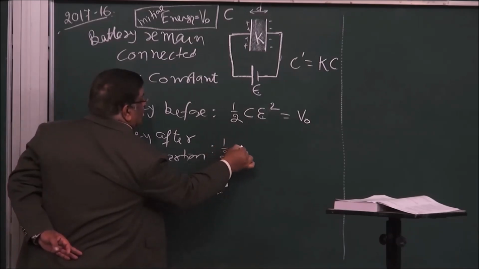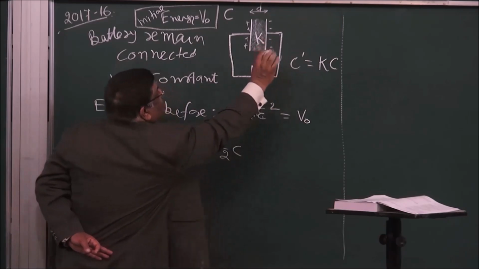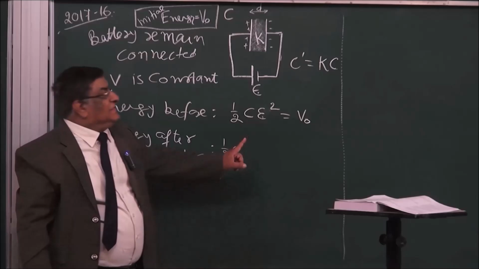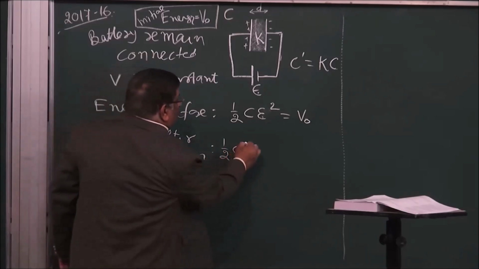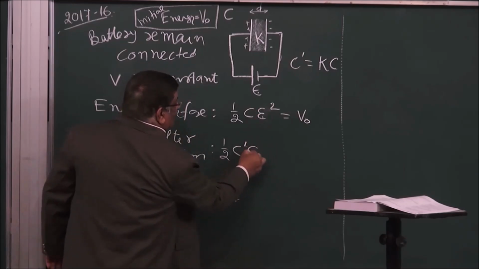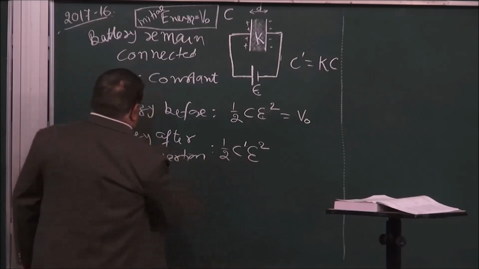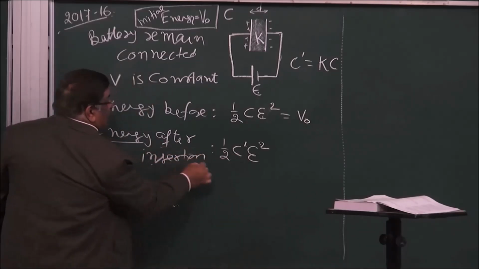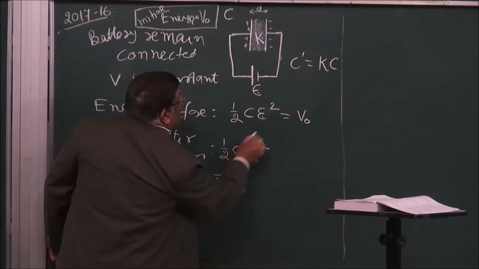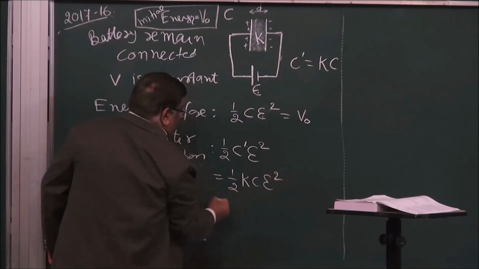half C. Now this C has changed. How much is that C now? So this is half C dash. The voltage has not changed, E square. So this we can write as the energy after insertion, which is equal to half C dash, with C dash equal to K C, E square.